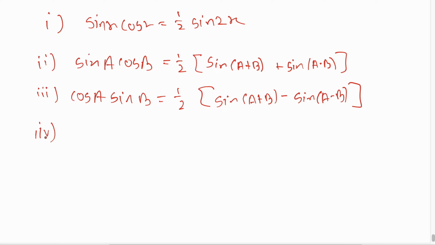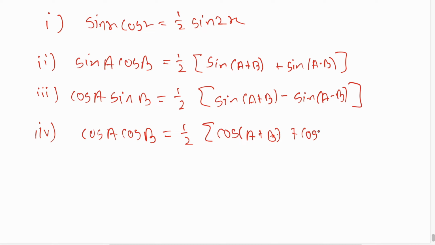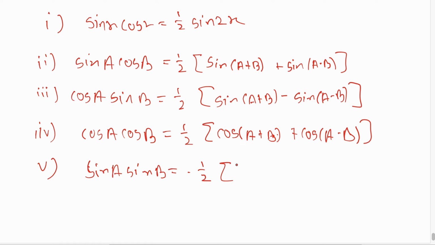Then number 4 would be cos a cos b, it would be half of cos(a plus b) plus cos(a minus b). Then here comes the last one, sin A sin B is equal to minus half of cos(A plus B) minus cos(A minus B).